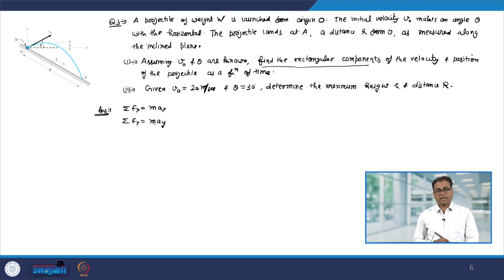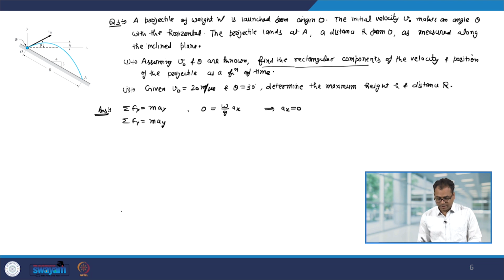Note that there are no force acting along the x direction, the gravity acts along the y direction. Therefore, we have 0 equal to mass. The weight is given in the question, it is W. So, mass will be W by g times ax, and this gives you ax equal to 0.